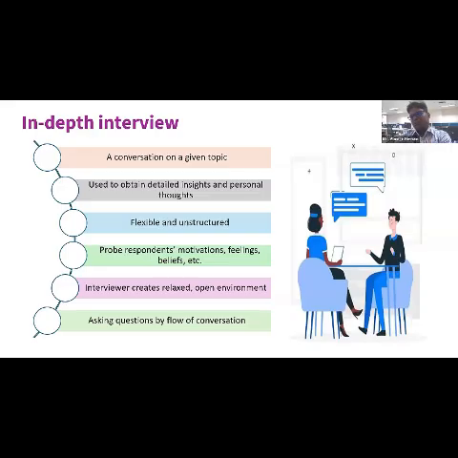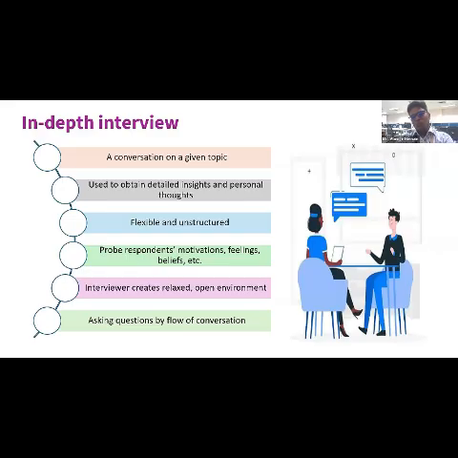And the questions flow by the flow of the conversation, not stopping the respondent about the topic, but needing to ensure that the respondent stays focused on the topics, not beyond the topics, which we are going to learn, which we are going to take the data from the respondent.